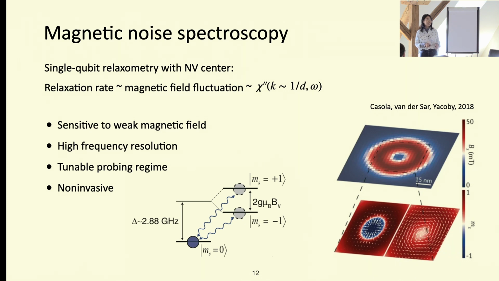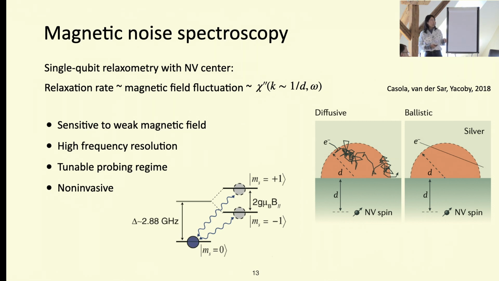NV is most sensitive to the dynamics happening at the length scale that's proportional to the distance between NV and the material. So you can actually tune different regimes you want to probe. If the NV is very far away from the material, we'll see, for example, electrons scattered many times.